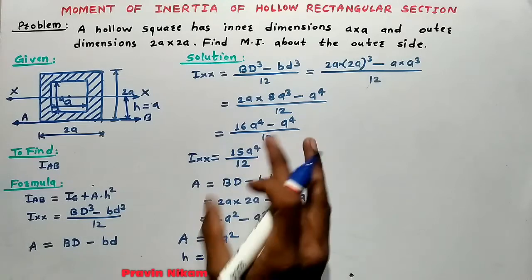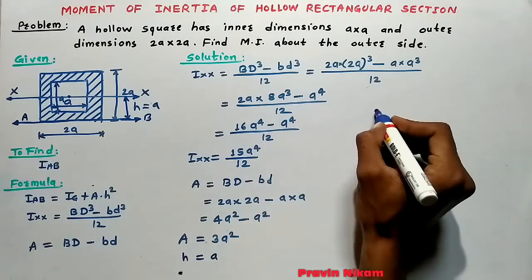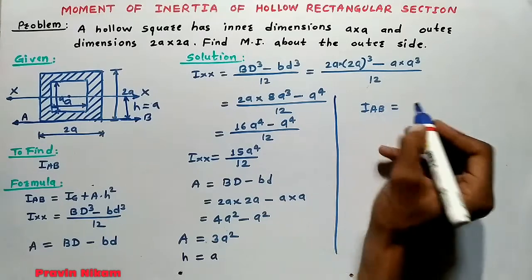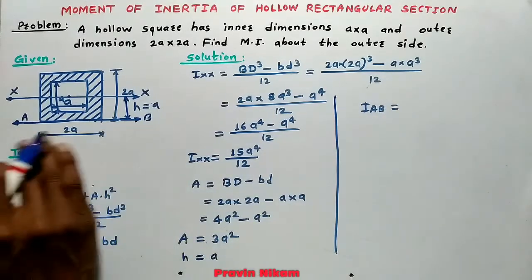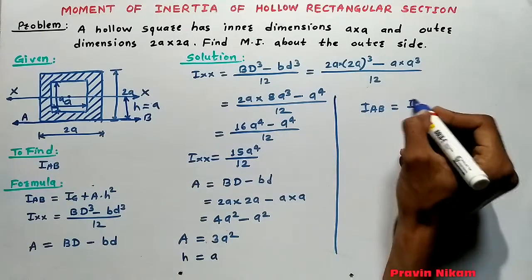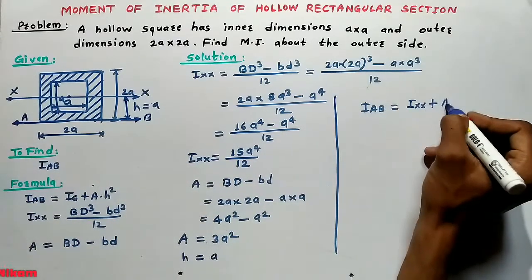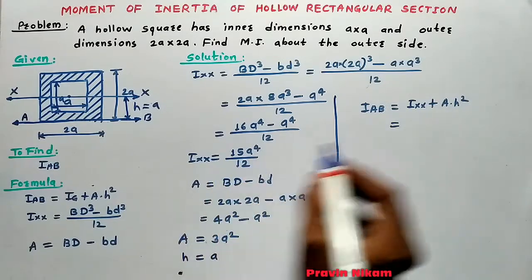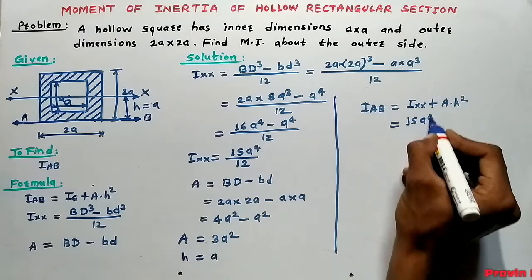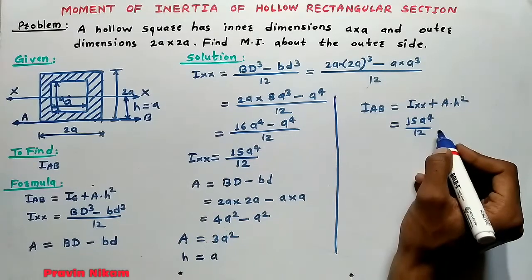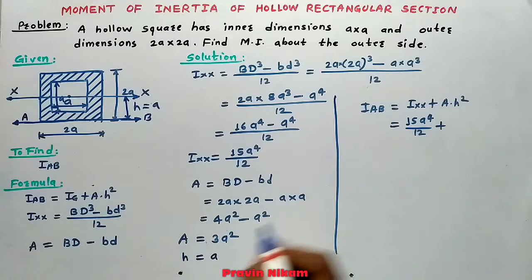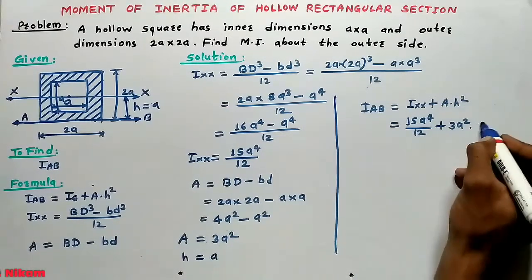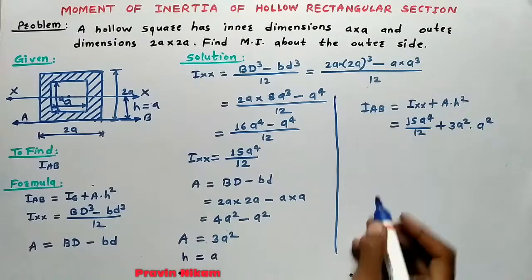Now put all these values in the equation. IAB, the moment of inertia about the outer side, is equal to Ixx plus A into h square. So that is 15a raised to 4 divided by 12 plus the area 3a square into h square, which is a square.